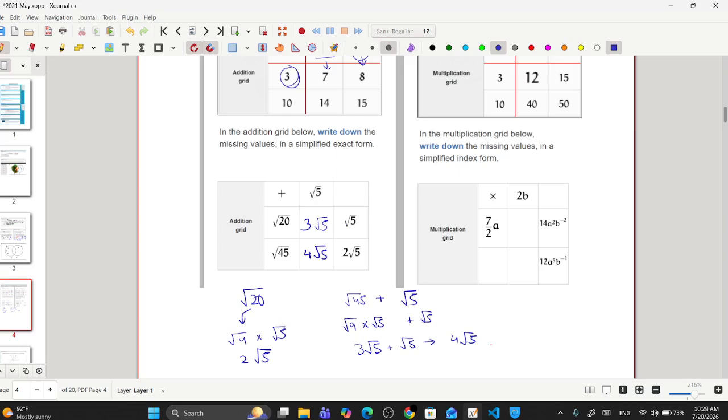So we have our two answers, 3 root 5 and 4 root 5. If we were to consider this value of x, we know that under root of 20 plus x equals under root of 5.